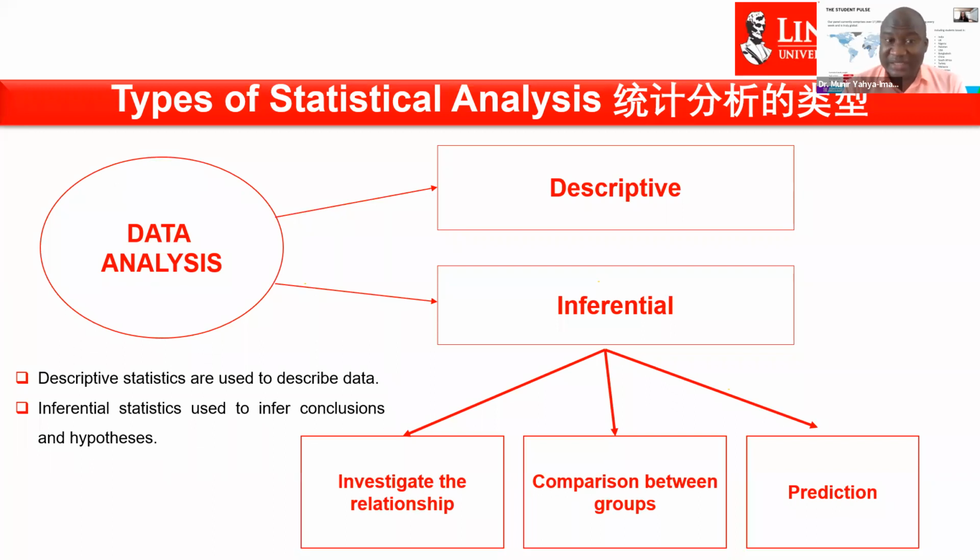We have descriptive analysis, which is used to describe data. Whenever you see an analysis that says 50% or 45% are females, 80% are males, or 20% is red, 25% is yellow, those are examples of descriptive analysis.